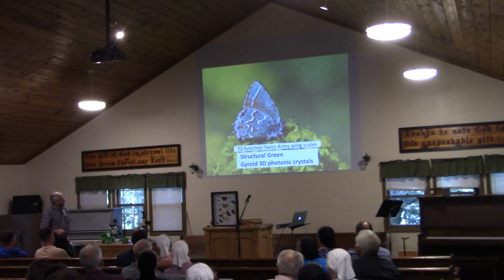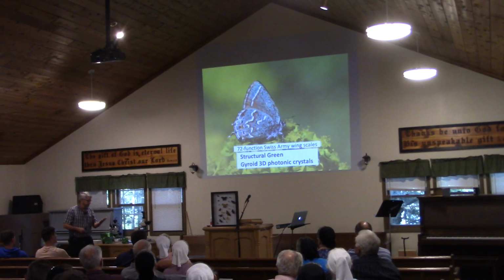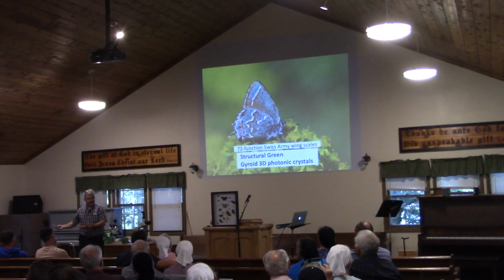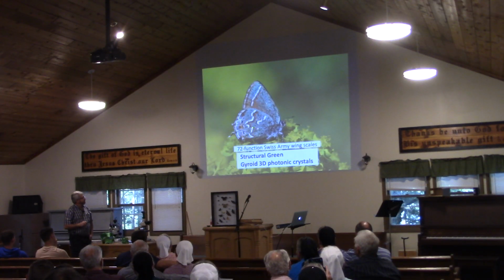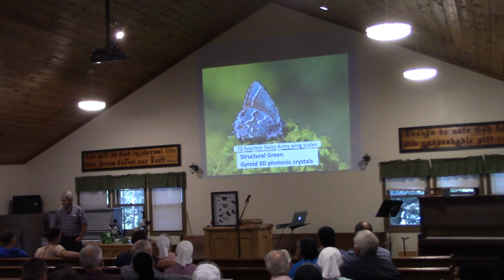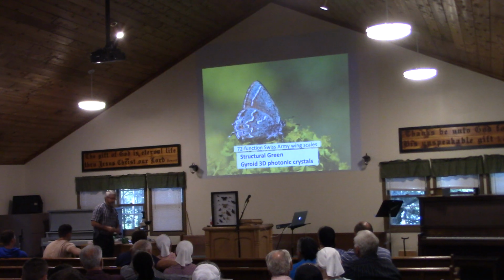And he is a master at being good, and he's also a master at giving things other purposes. Things go wrong for us, it turns out for good. Well, these butterfly scales are like a 72 function Swiss Army knife. So you gotta know the story of this.